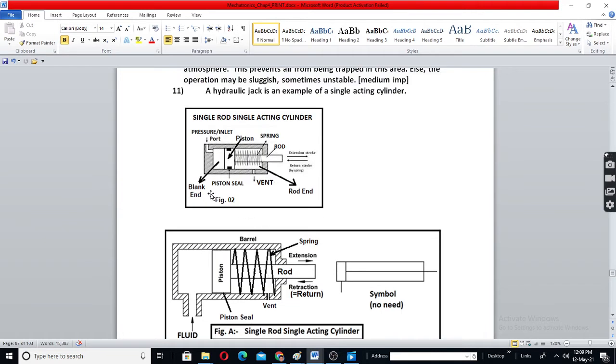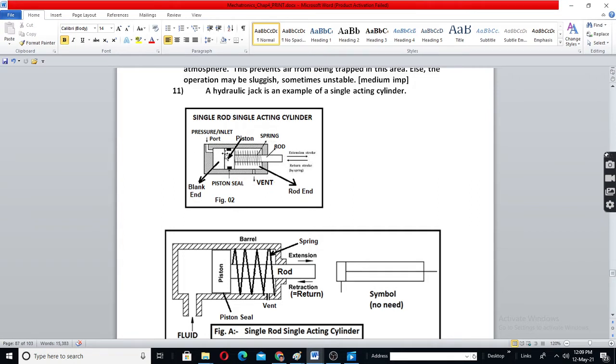Here there is what is called as piston seal. Okay, this seal is provided to prevent leakage of fluid from the blank end to the rod end, means from this side to this side. This is air side.